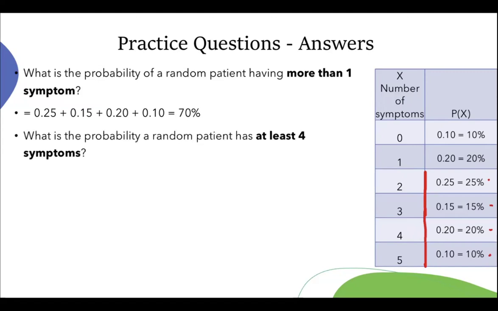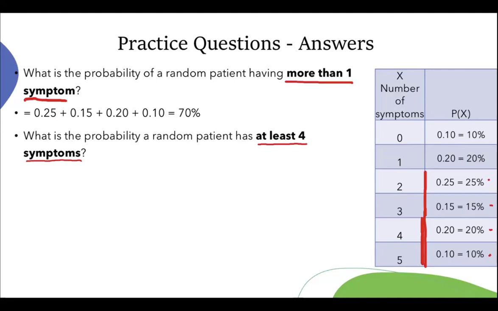At least 4 symptoms. Okay, so the phrase "at least" is different than "more than." When we say more than 1, we're not including 1, but when we say at least 4, we are including 4. So at least 4 involves both 4 and 5.